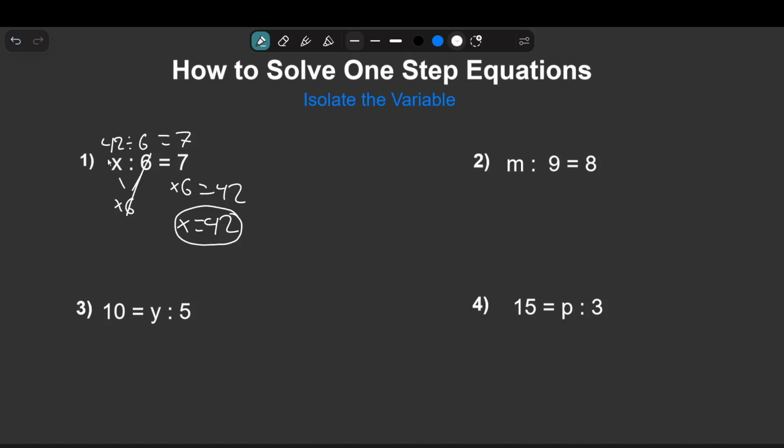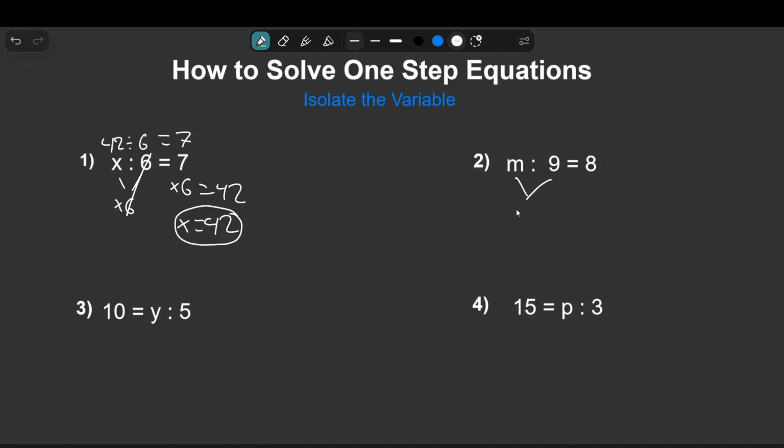Now we have done the first equation, let's go to the second one, where we have our variable m divided by 9 equals 8. So we can see this as something divided by 9 equals 8. Again, we do this by inversing our operation.